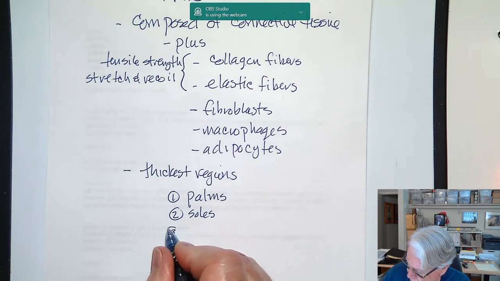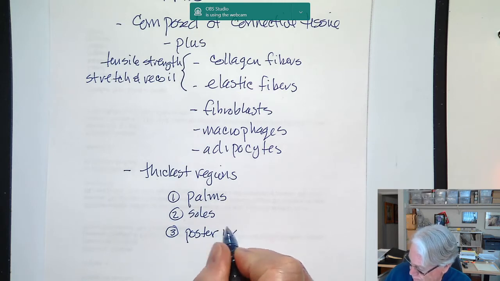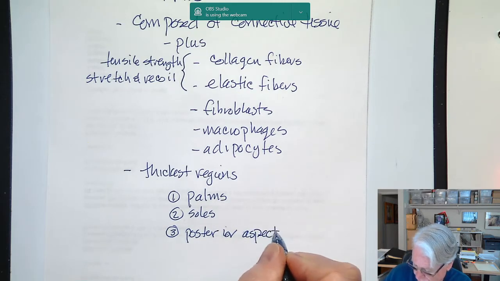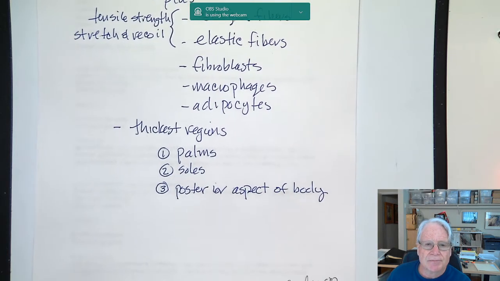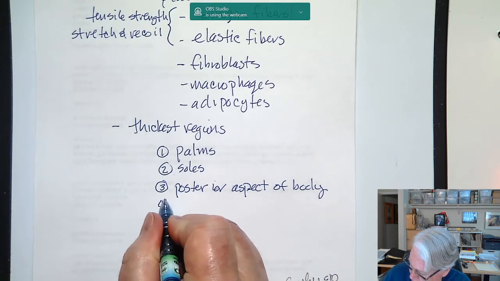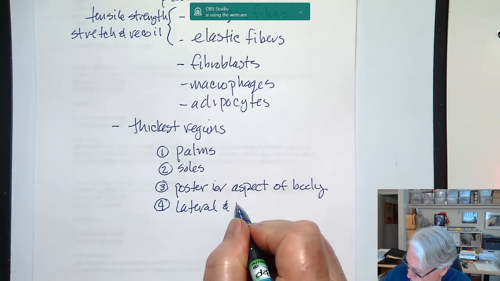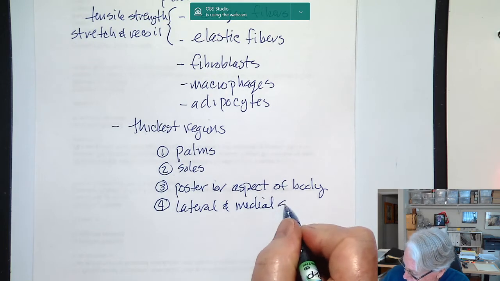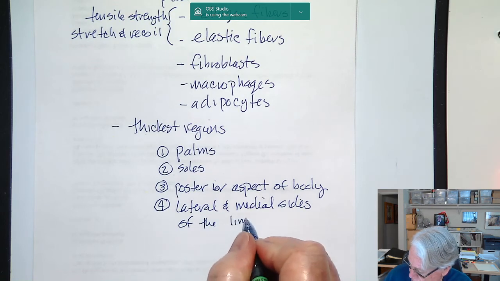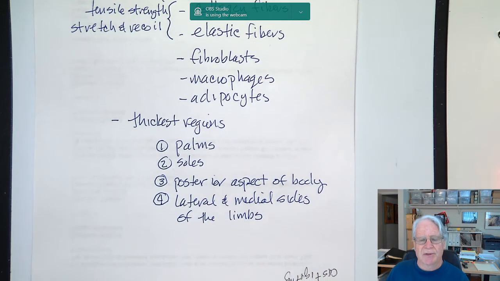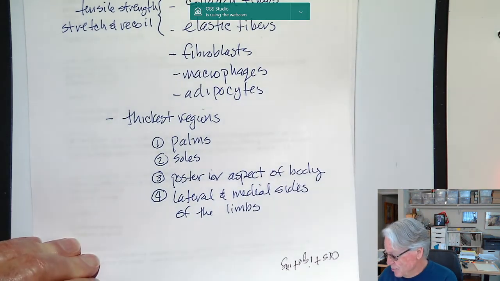Also, the posterior aspect of the body, and here we're talking in particular between the shoulder blades. Number 4, the lateral and medial sides of the limbs. And that, of course, includes both the arms and the legs. Both of those are included as limbs. Okay, that's the thickest region of the dermis.